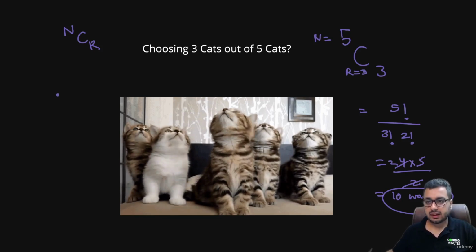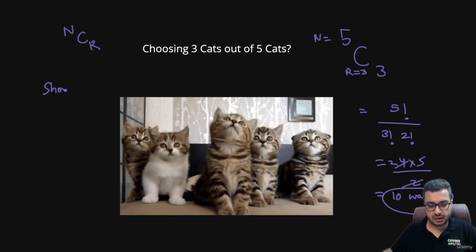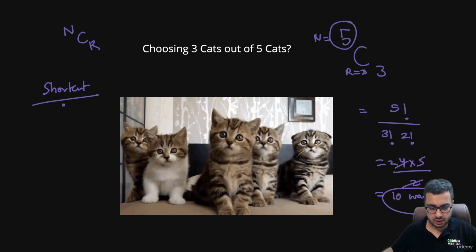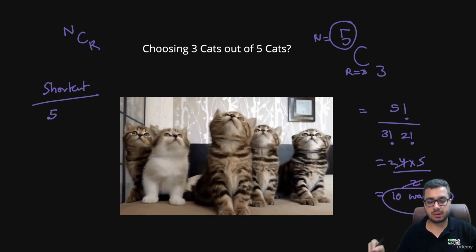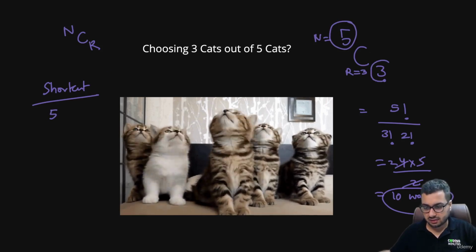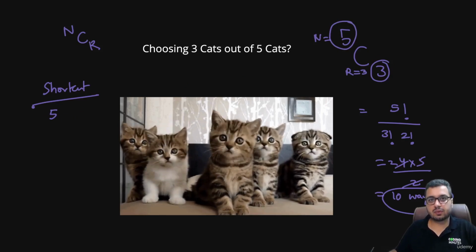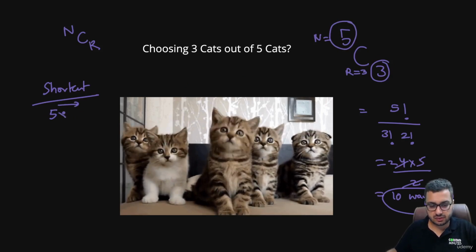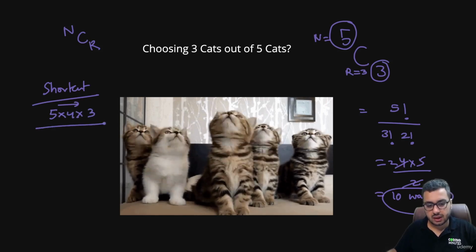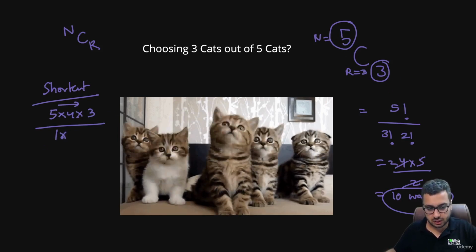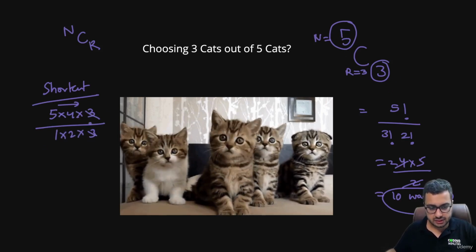There is one shortcut to write nCr if you want to compute on pen and paper. You write 5C3, and you write 3 terms in the numerator starting from 5 in decreasing order, so 5 into 4 into 3, and in the denominator you write 3 terms in increasing order, that is 1 into 2 into 3. So this cancels off and it is again 10.